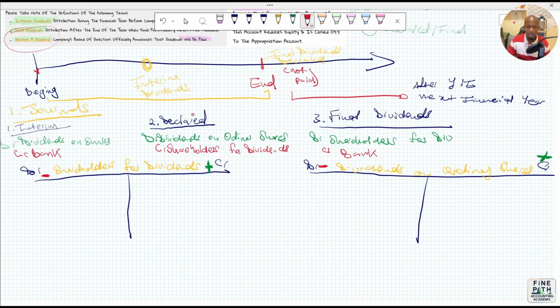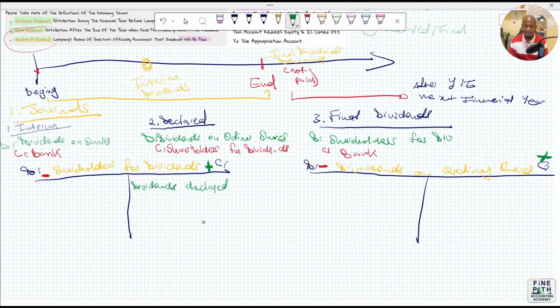Cool. So now let us look at the types of transactions and the nature of those transactions that we would record in both these accounts. With the shareholders for dividends, we know that this is a liability account. It will be increased by dividends on ordinary shares when we declare them. So let's say dividends declared.